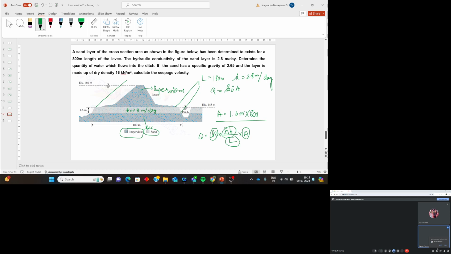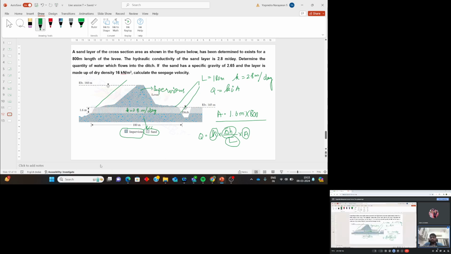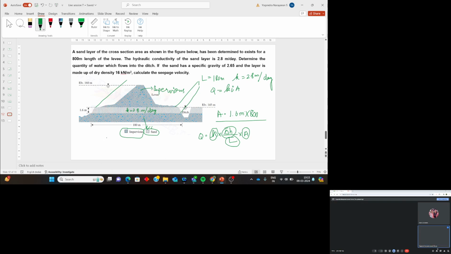How much are you getting? 298 meter per day. Meter or meter cube? Meter cube, sir. Meter cube per day. Right.